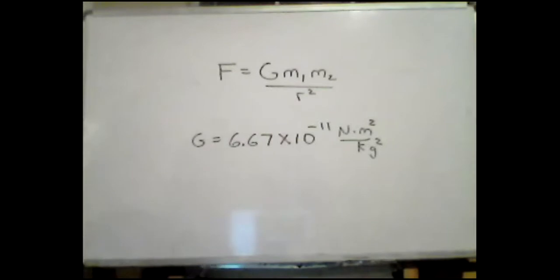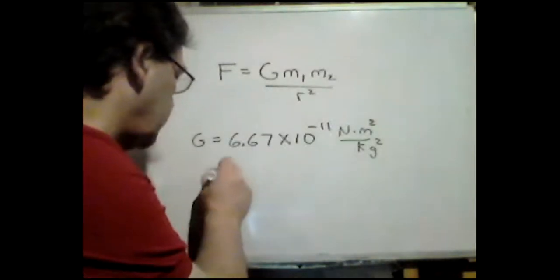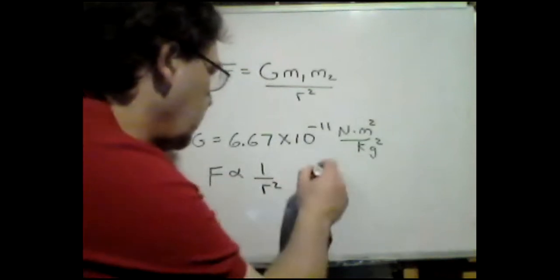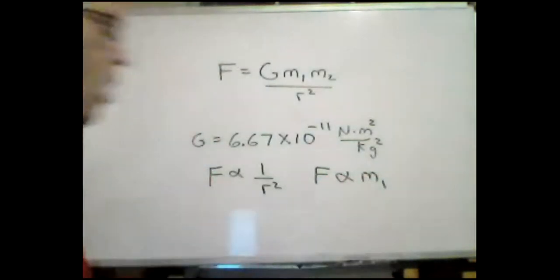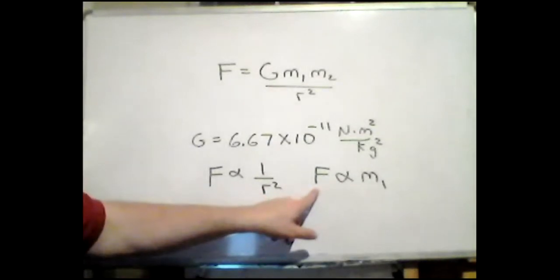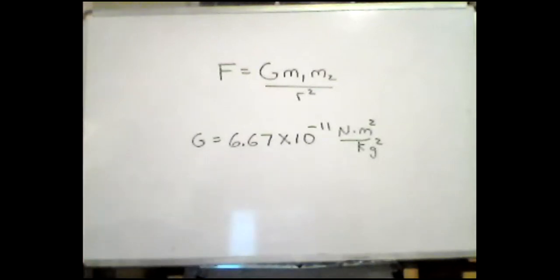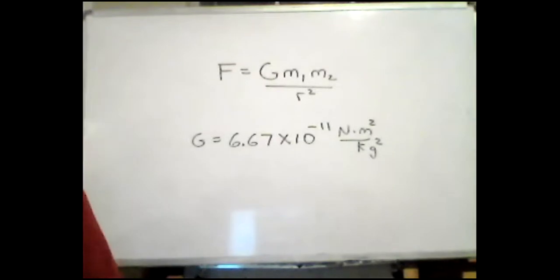For the first part, we said that the force was proportional to 1 over r squared. Well, for the second part, we see the force is proportional to m1. It's directly proportional to m1. The bigger m1 is, the bigger the force. Right? So again, reference that equation. That's why you're noticing that force value go up, the mutual force value.